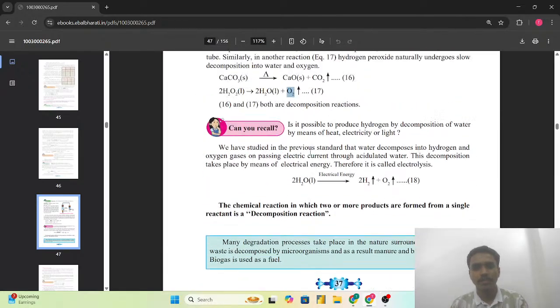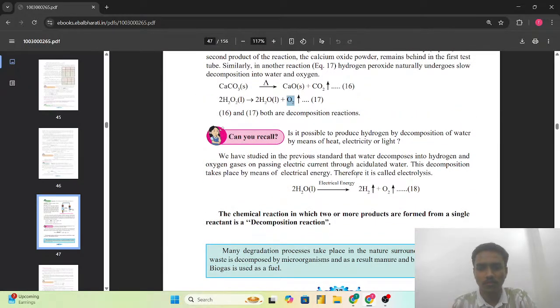So this we have studied. We have also studied the electrolysis process, where an electric current is passed through water, and the water separates into hydrogen and oxygen gas.